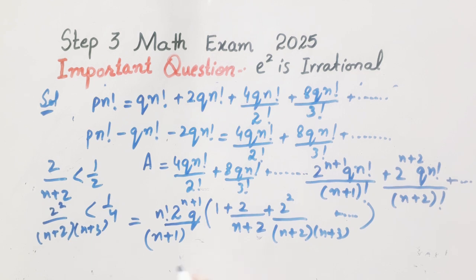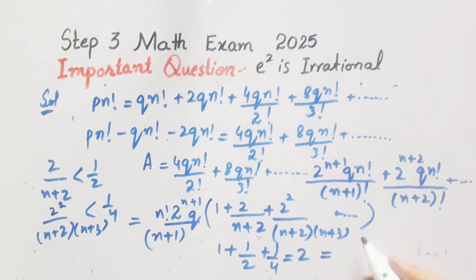So we will substitute this value in this: 1 plus 1 over 2 plus 1 over 4, which is equal to 2. So the LCM is 2.